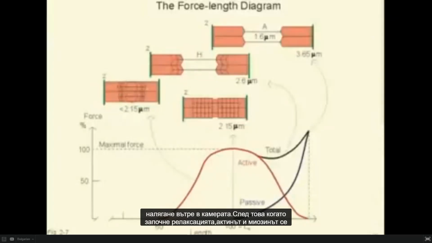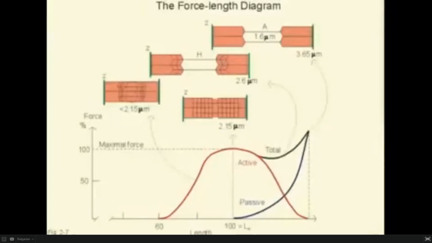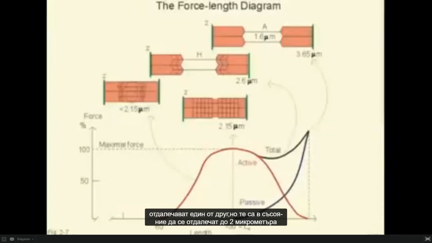Then when the relaxation starts, actin and myosin go away from each other, but they are able to go away only up to the point of 2 micrometers. If they go more than 2 micrometers, they are not able to slide again and make a contraction.